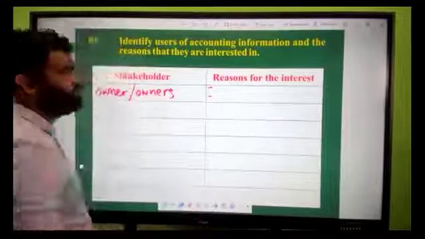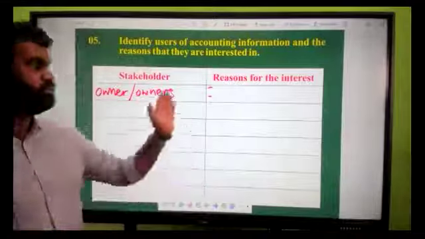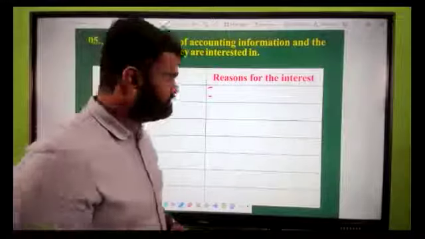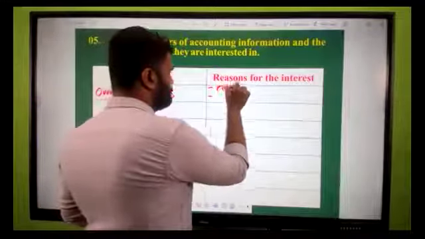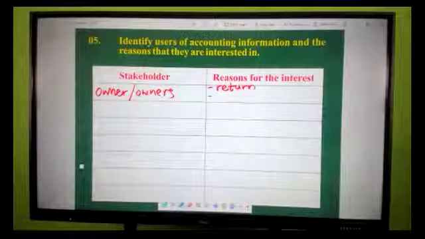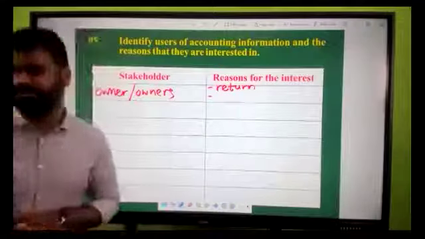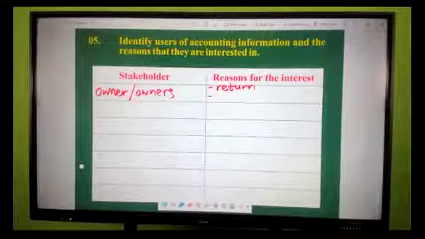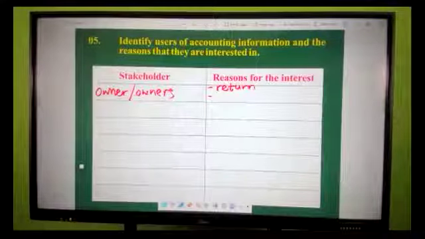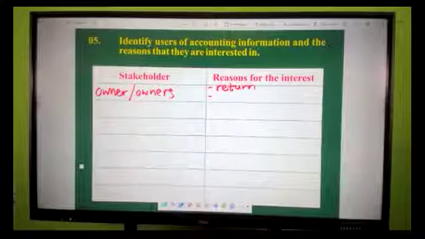Number one, to know whether there is a satisfactory return on investment.